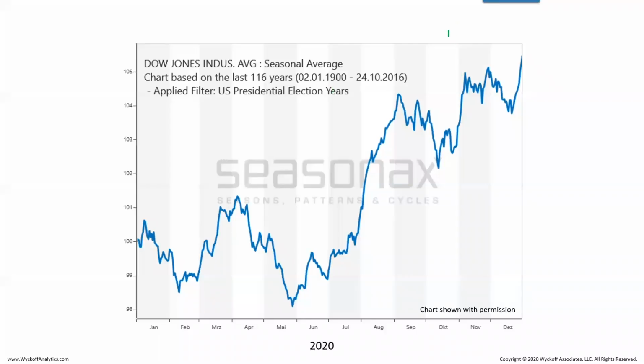To explain the background of this chart, it is a compilation of all the presidential election years of the last 116 years through 2016. It is a summation of all of these years to give a rough idea of how the election year can go on a cyclic seasonal basis.